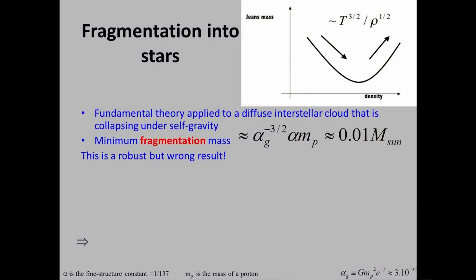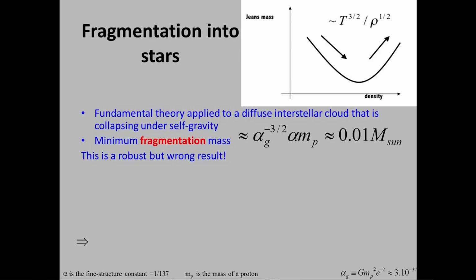So if I imagine this Jeans optimal scale that James Jeans said, this is where gravity and pressure balance, okay? Imagine my interstellar cloud, as it contracts, getting denser and denser. It'll break up into these bits, okay?